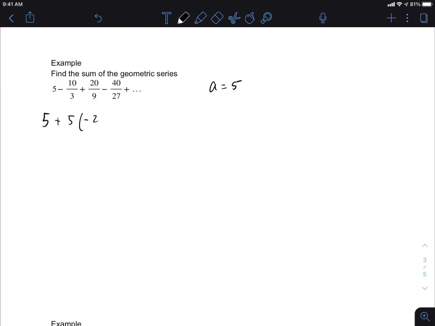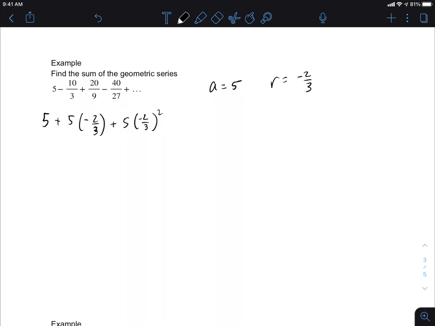It looks like I multiplied by 2/3, and that's the first one. Then the next one's got to be a square, so let's see if that's going to work for us. If it's a square, what is that going to be? 4. 4 times 5 is 20. 3 squared is 9. Yep. Now we know that r is a negative 2/3.